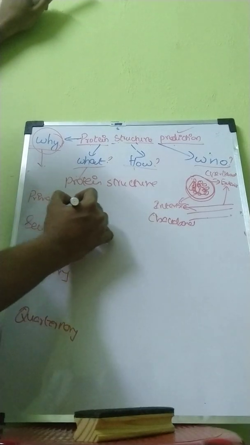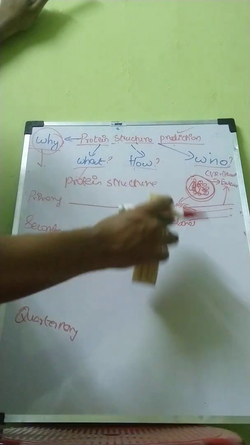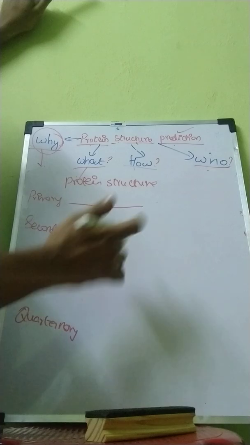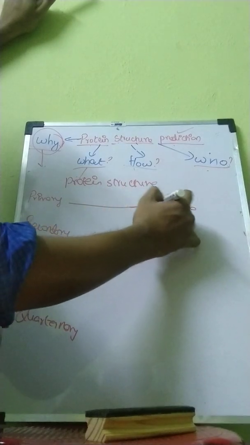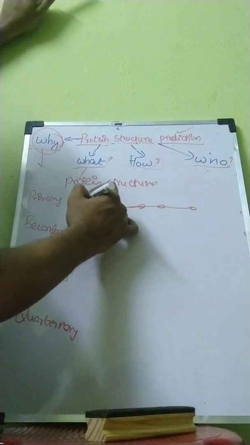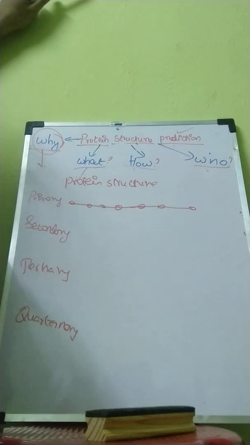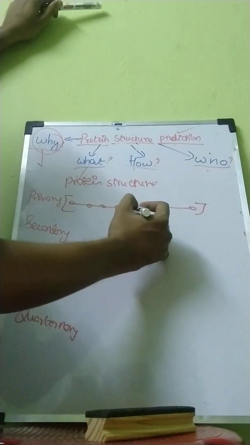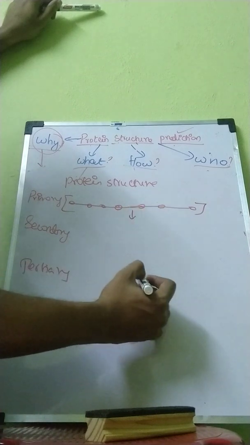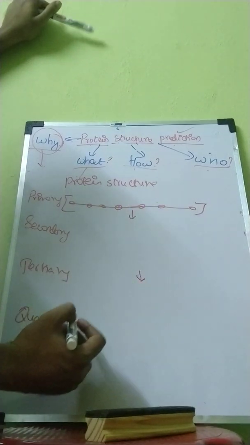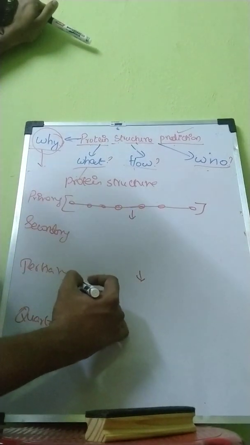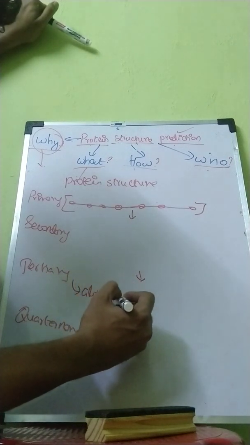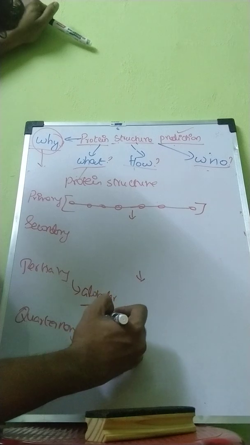So the primary structure is the one we have seen just now, a linear polypeptide chain made up of a particular set of amino acid order. These secondary structures are a stepping stone to develop a tertiary structure, which may be globular or fibrous, isn't it?